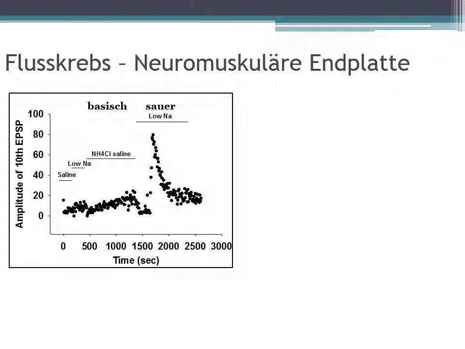When you add the low sodium, it doesn't change really, and when you add the ammonium chloride, it doesn't change either. Once you wash out the ammonium chloride though, and it's acidic inside the cell, you can see that the amplitude of the EPSP rises a lot. But it's only transient, so after a certain time it decreases again.